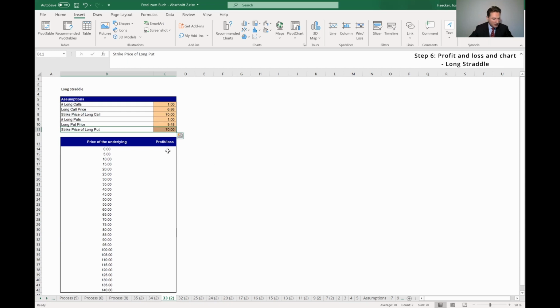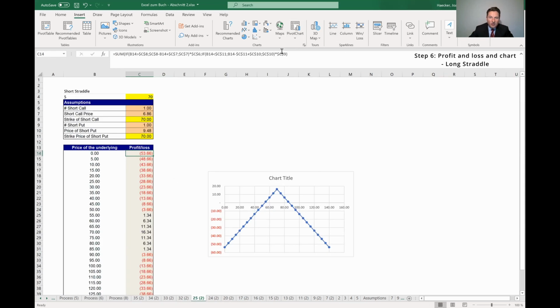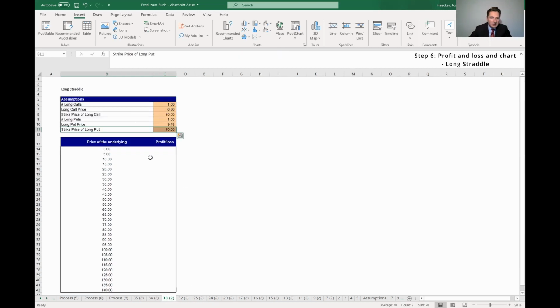So the formula changes. What we can do, actually, we go to the short straddle, copy the formula, and we paste it in here, press return.